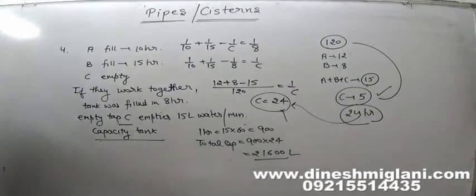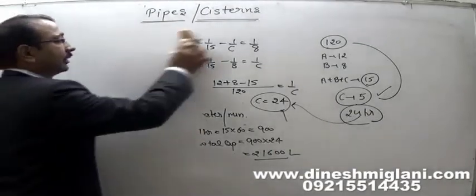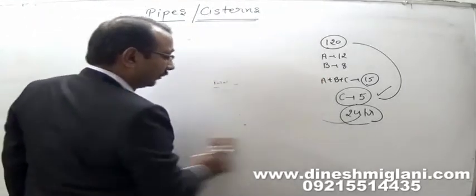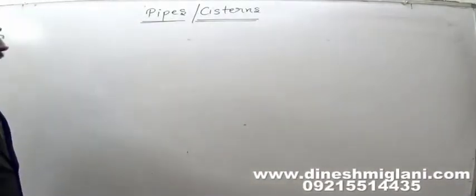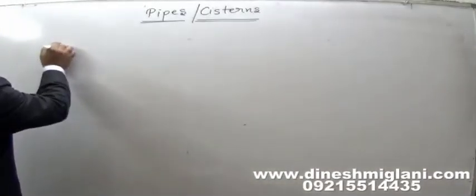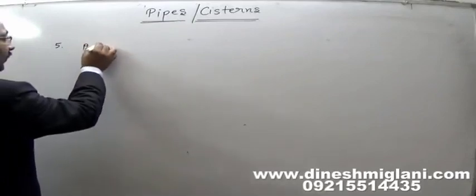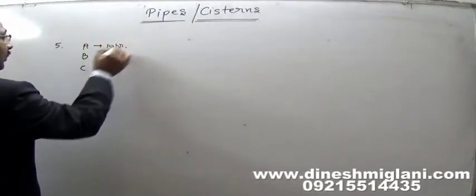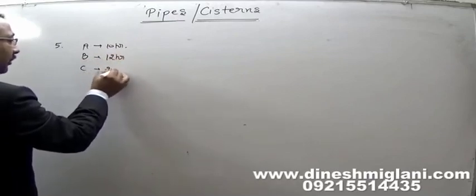Then we have the next variety of question, that is alternate working, the same as we have done in the concept of time and work. Similar type of question you may have here, in which the taps are working alternately. Suppose there are three taps A, B and C. A can fill the tank in 10 hours, B can fill the tank in 12 hours and C can empty it in 20 hours.